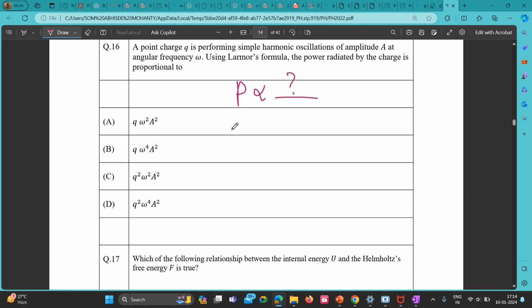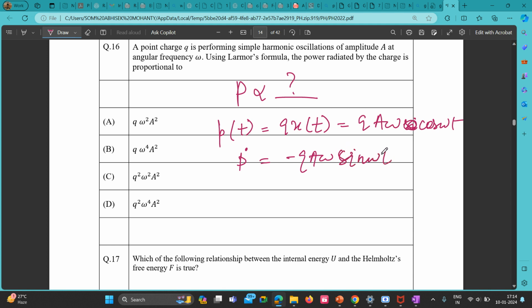See, this is, isn't it, equal to Q A cos omega t.